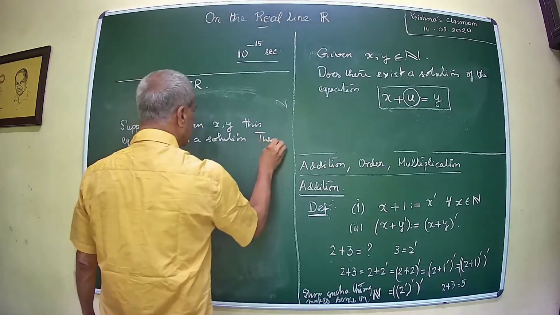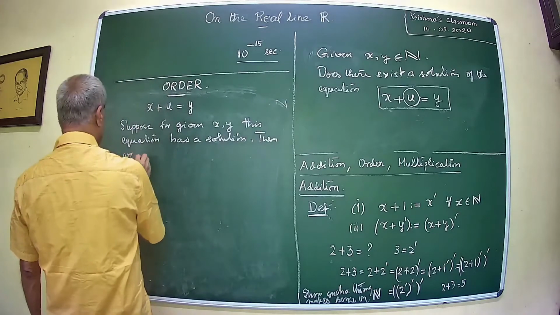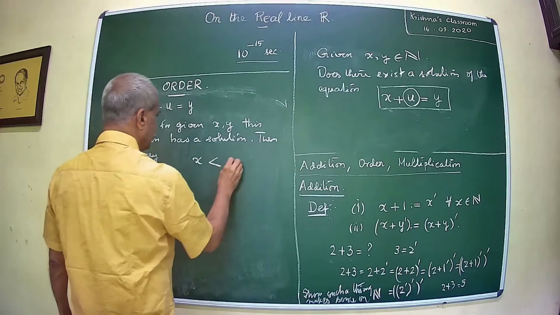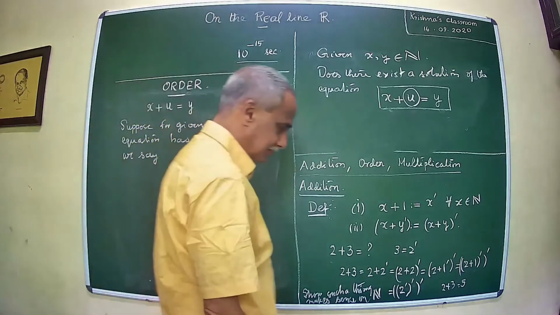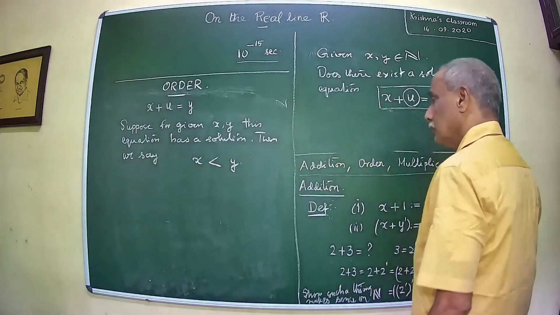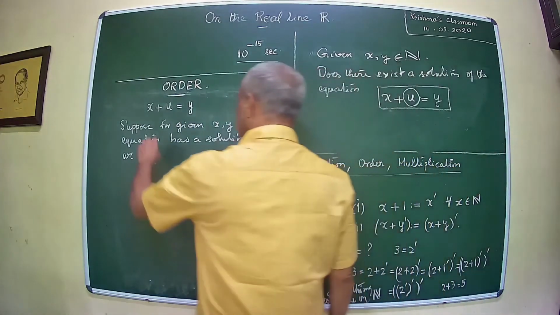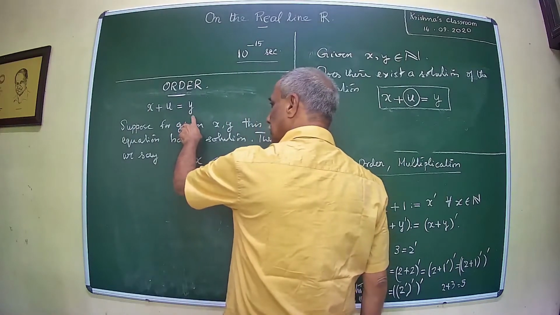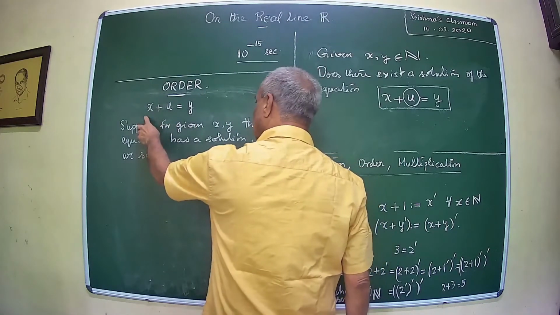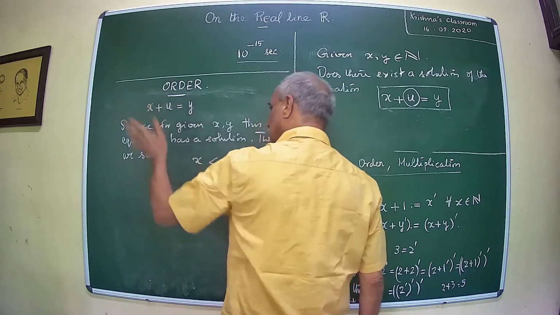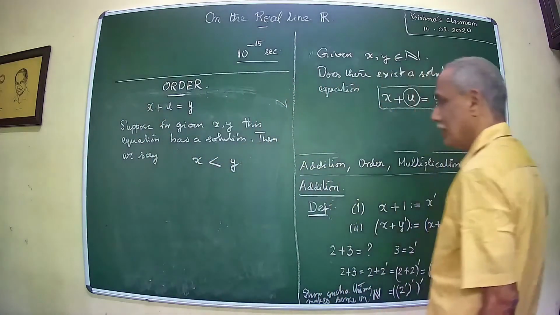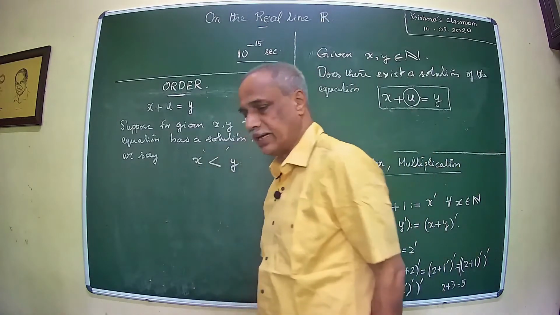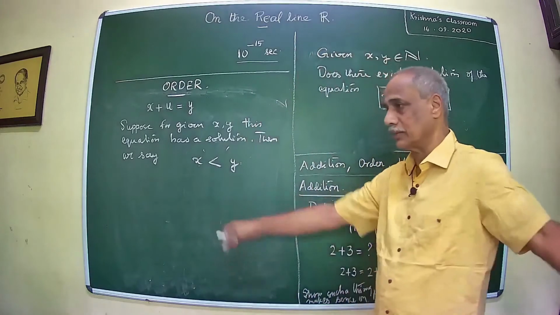Then we say x is less than y. For instance, 2 is less than 5, but 5 is not less than 2. Okay? So we introduce the notion of less than, that gives an order structure.